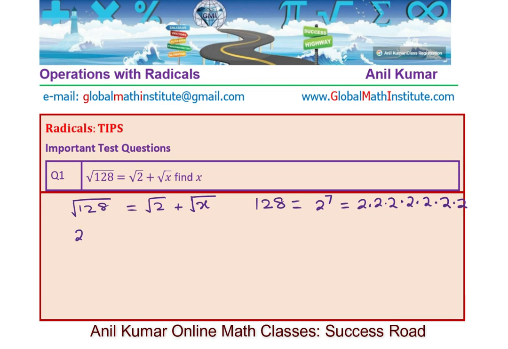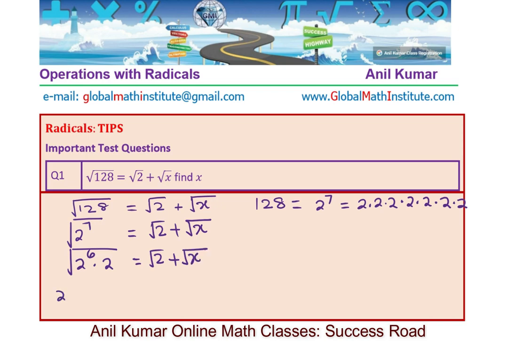So we can say the square root of 2 to the power of 7 is equal to square root 2 plus square root of x. Well, this you could write as 2 to the power of 6 times 2 square root, correct? Makes sense? Which is square root of 2 plus square root of x.